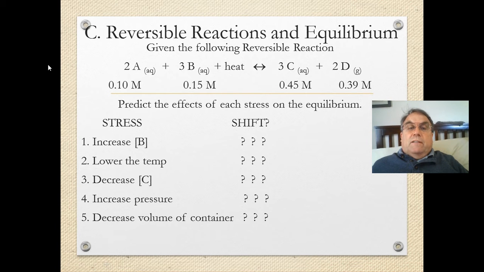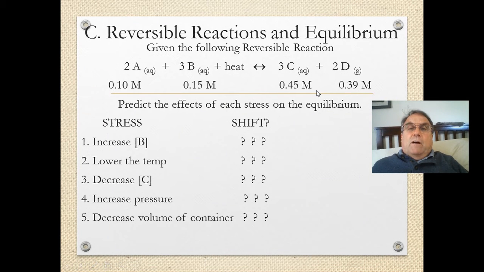So if we look at these numbers here, these are what are called the equilibrium concentrations of reactants and products. So when this reaction reaches equilibrium, this is the amount of reactant A, this is the amount of reactant B, this is the amount of product C, and this is the amount of product D that occur at this initial equilibrium.